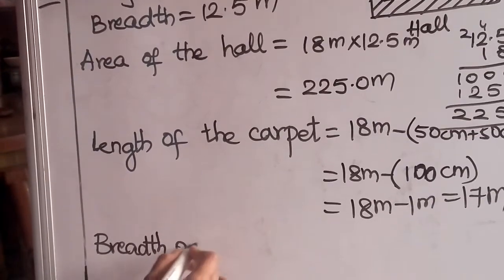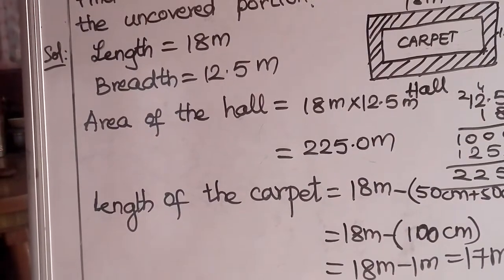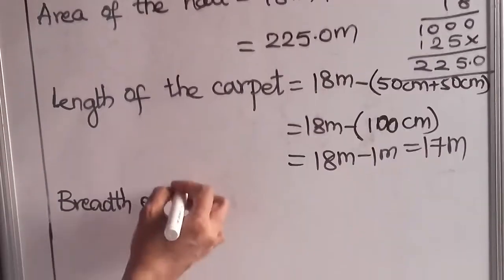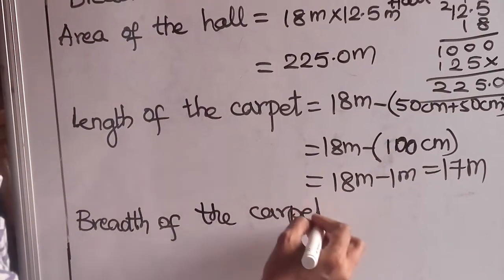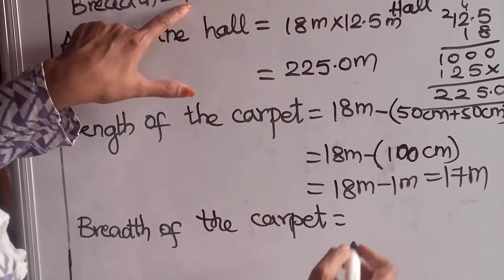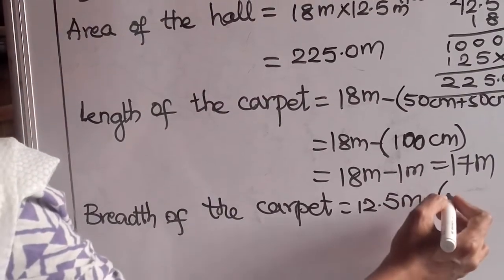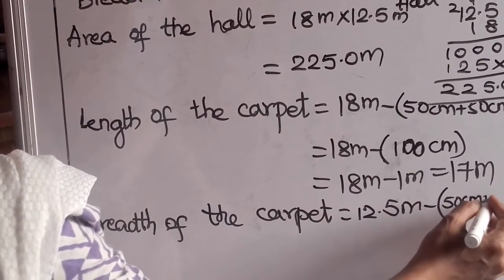17 meters. Now let's find out the breadth. Breadth of the carpet is equal to, you know that it is 12.5 of the entire hall minus 50 centimeters plus 50 centimeters.